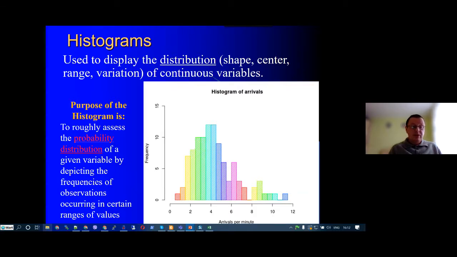Its purpose is to provide a rough assessment of the probability distribution of a given variable by depicting frequencies of observations occurring in a certain range of values. In this case, our independent variable is continuous, so our x-axis is represented by a continuous variable.